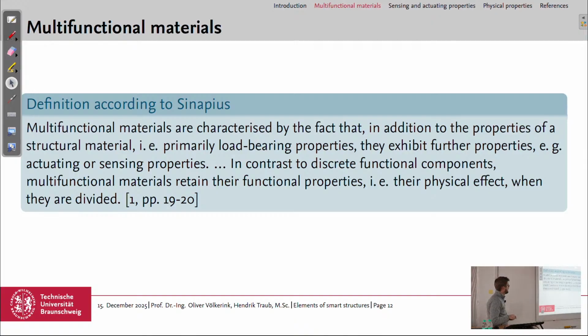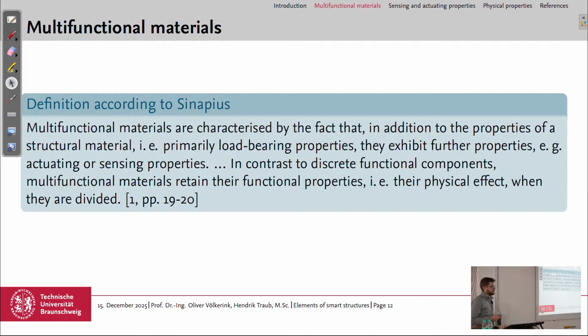And in contrast to discrete functional components we use in mechatronics, for example, they retain their functional properties or their physical effect when they are divided. So it's really a material, not an element.